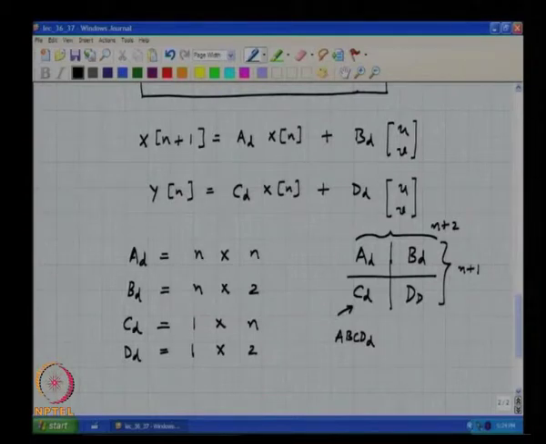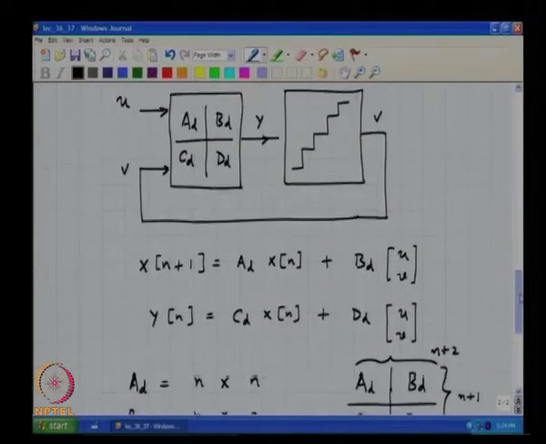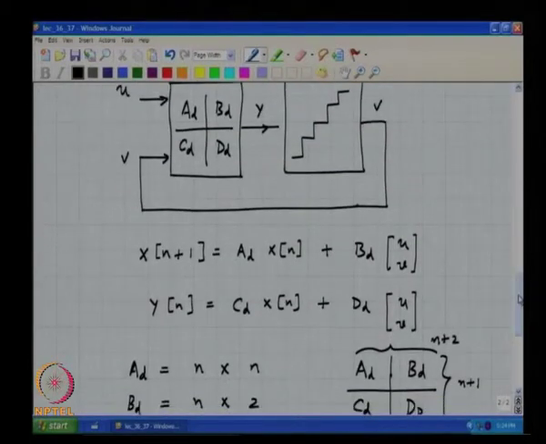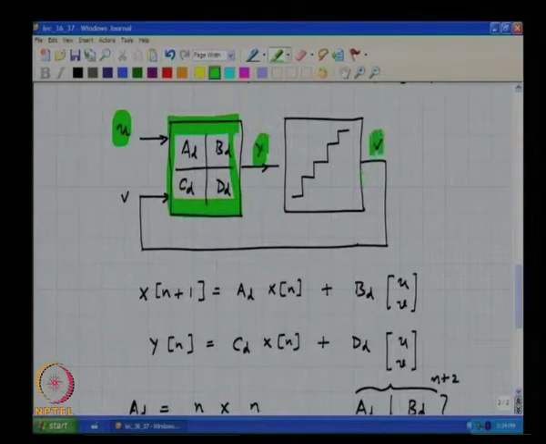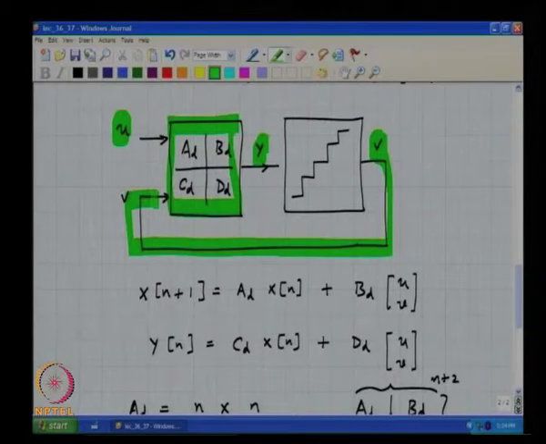Okay. Now, you see the simulation is quite straightforward. Once you know the present state, right, and you know A, B, C and D, and you know the input, you can find the next state y, okay, that is quantized, and that becomes the next input, correct.